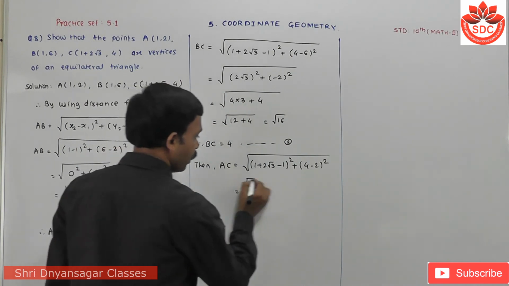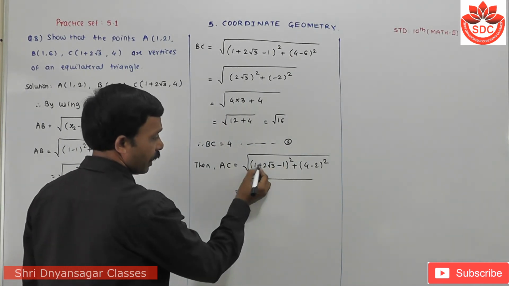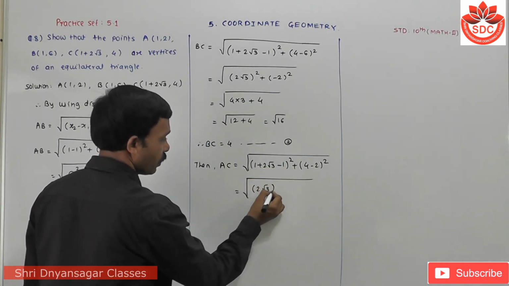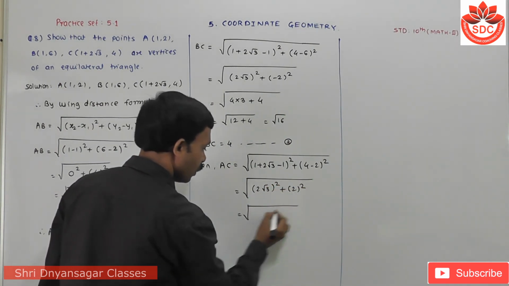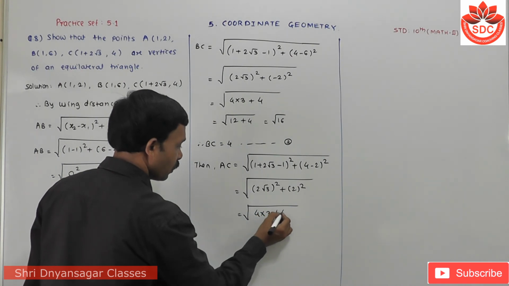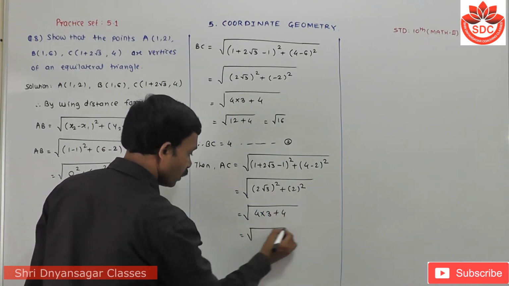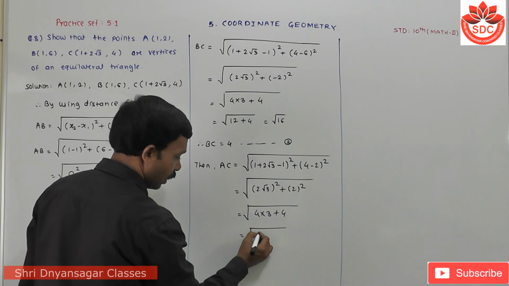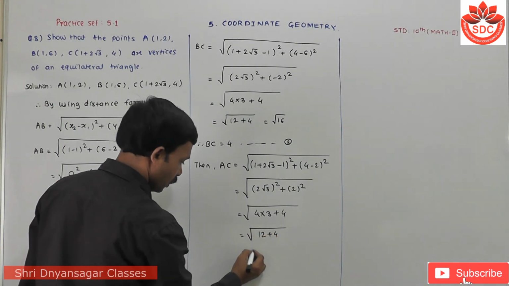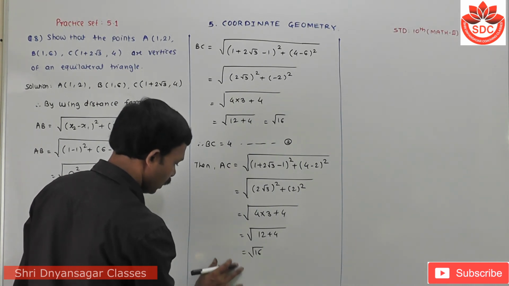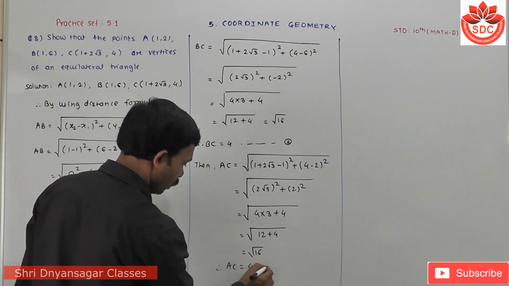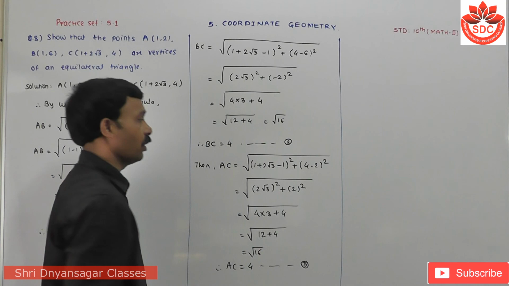When we subtract, the 1 gets cancelled, so (2 root 3) bracket square plus 2 square. Then this square is 4 into 3 plus 4, that means the product is 12 plus 4 is equal to root of 16. Therefore AC is equal to 4. Suppose that this is equation number 3rd.